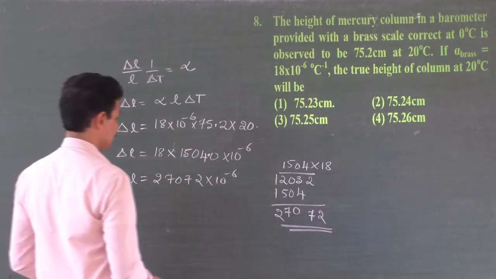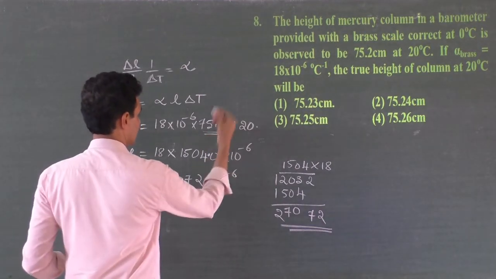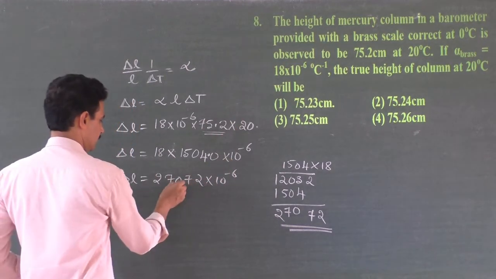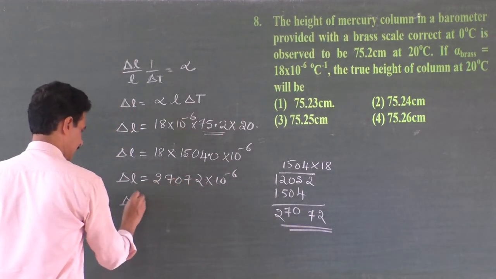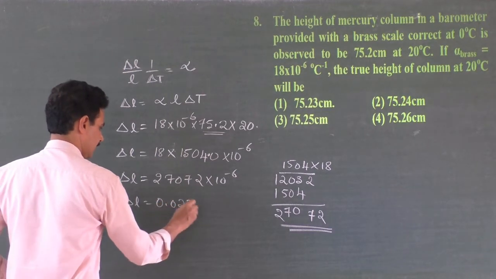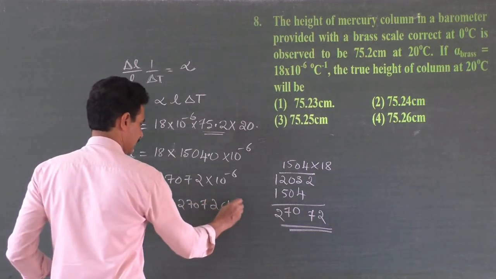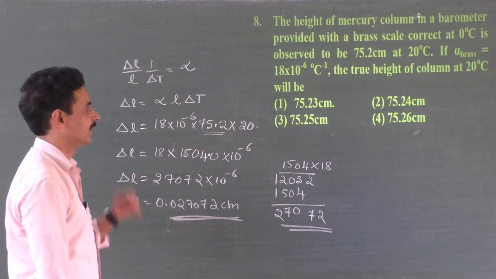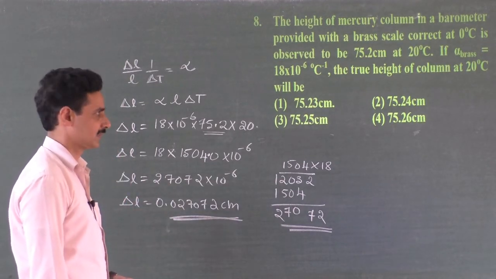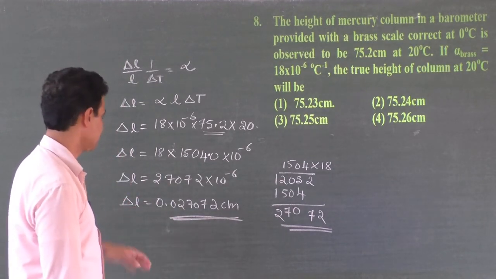This is in centimeters, because the length is also in centimeters. So moving the decimal six places, ΔL is equal to 0.027072 centimeter, which is the change in length when it is at something like 75.2 centimeters. So what is the actual length?